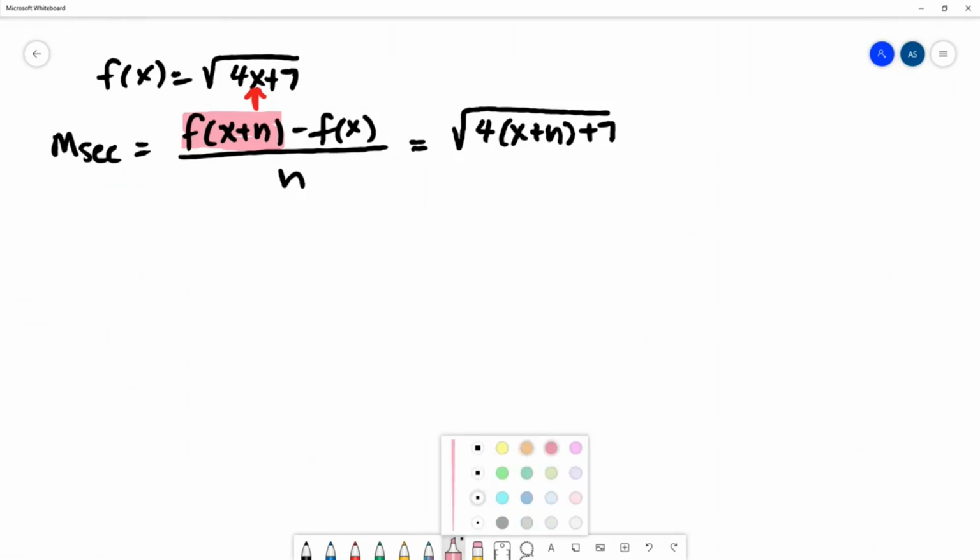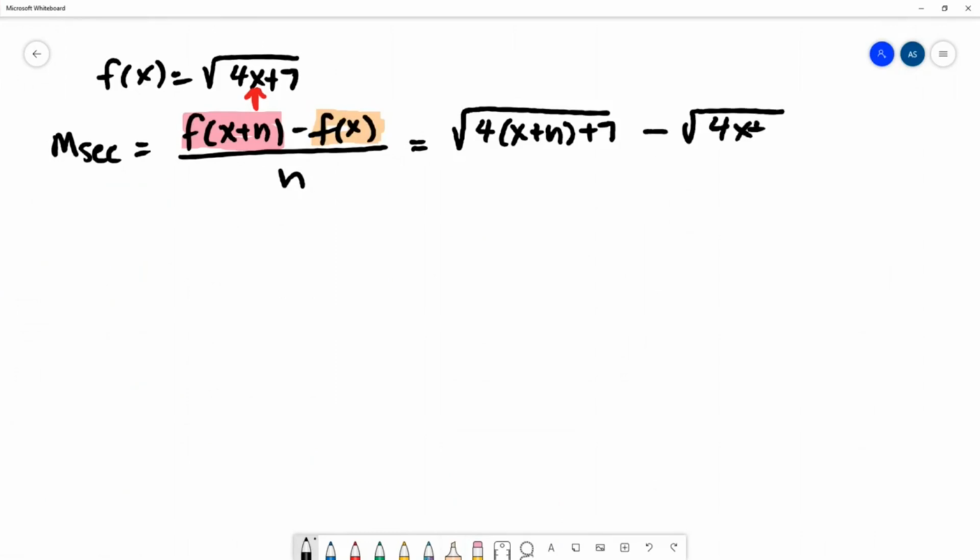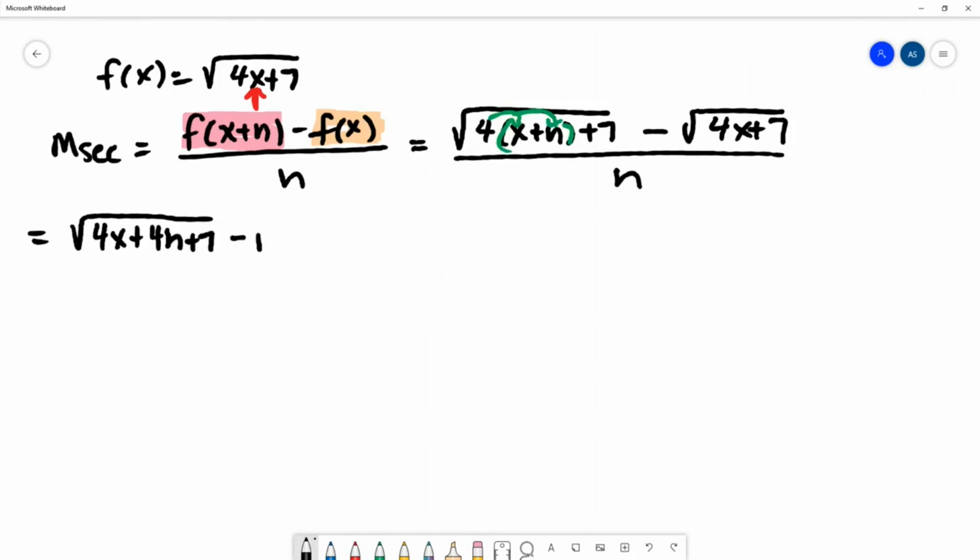The next part of the difference quotient, I want to subtract f of x. So we're going to subtract our original function of 4x plus 7. And this is all over our h. I'll simplify this a little bit by removing these parentheses using the distributive property. This will give square root of 4x plus 4h plus 7 minus square root of 4x plus 7 over h.